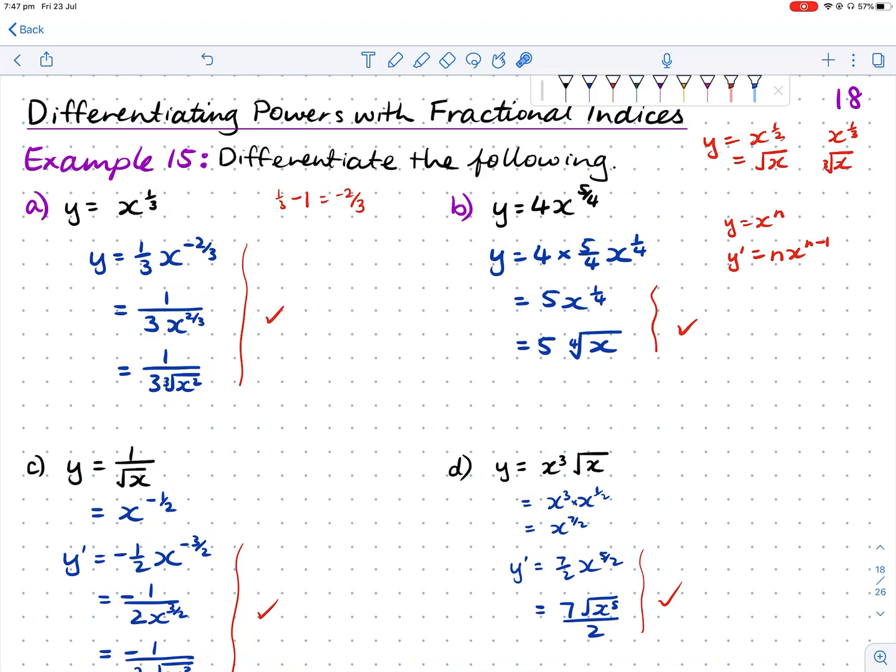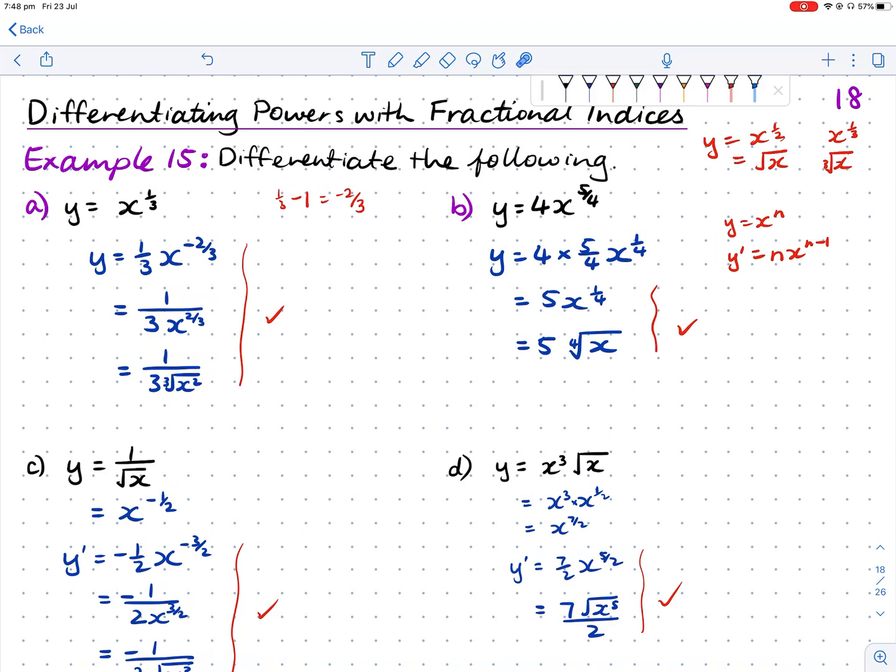In question B, we're doing a similar thing. This time we've got a number in front, and we know that if I've got a constant in front of an x, I just leave it there, and I differentiate the x. So the 4 stays there. Then when I'm looking at x to the power of 5/4, I'm going to take the 5/4, bring it down to the front, and then minus 1 off the power.